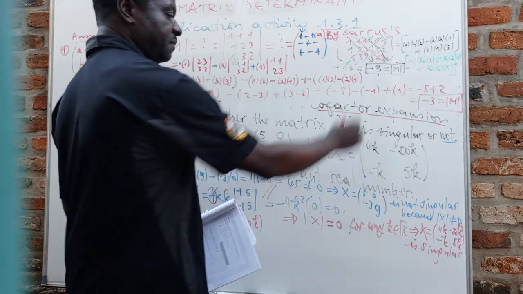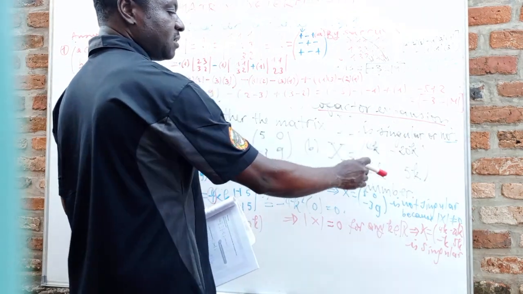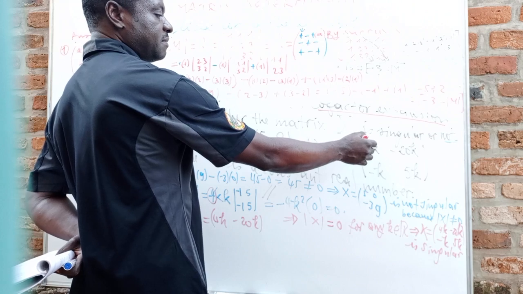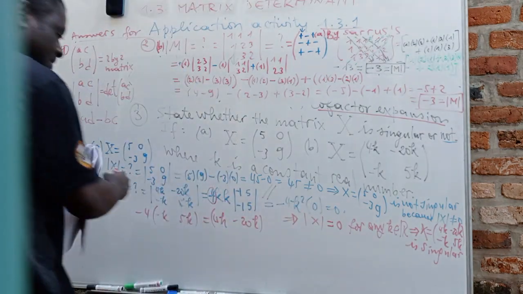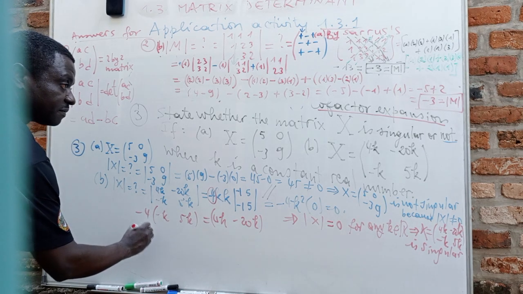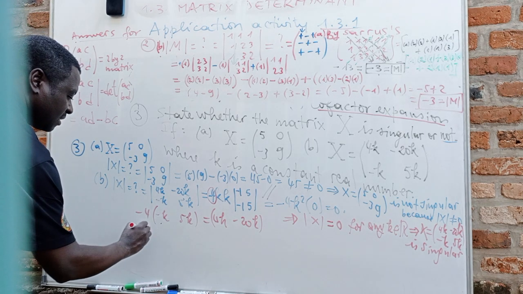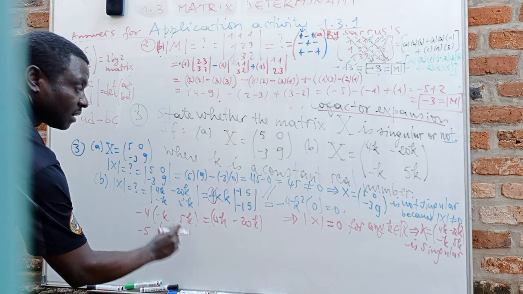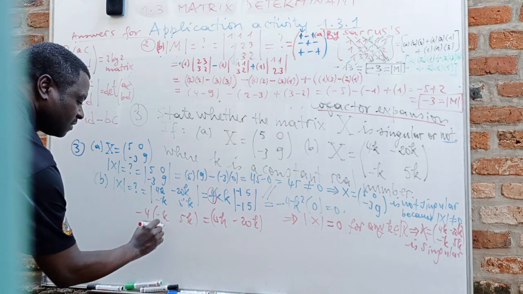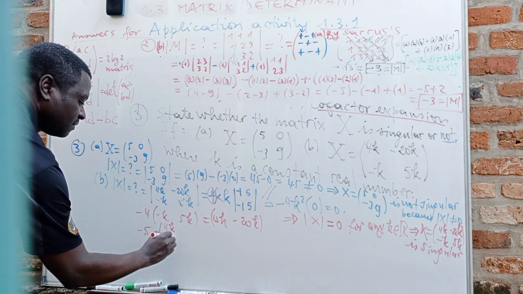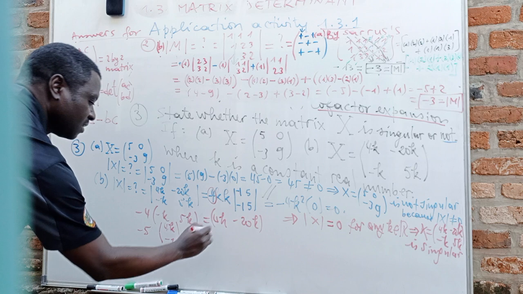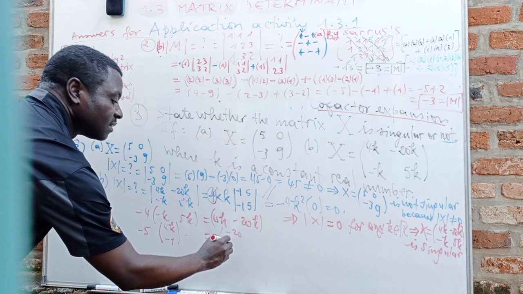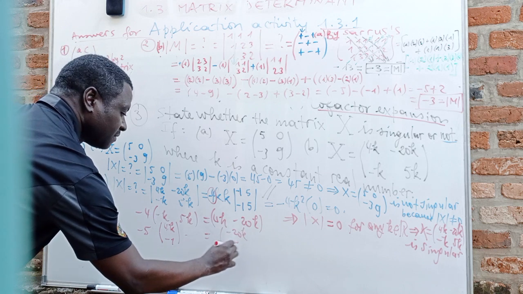The columns are also dependent. If you fix the first column as 4k, negative k, and multiply by negative 5, we get the second column, negative 20k and 5k.